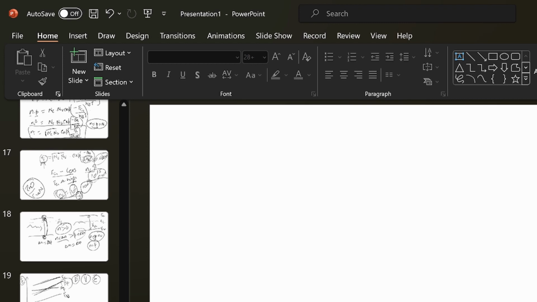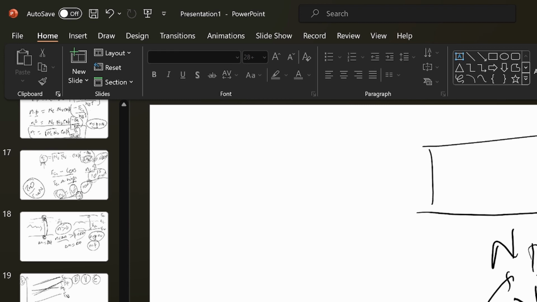So ND was 10 raised to power 17 already, and we have doped NA with 2 into 10 raised to power 17. So it will compensate this one, 10 raised to power 17, and effectively Na will be 10 raised to power 17 only. That is, the number of holes will be 10 raised to power 17.